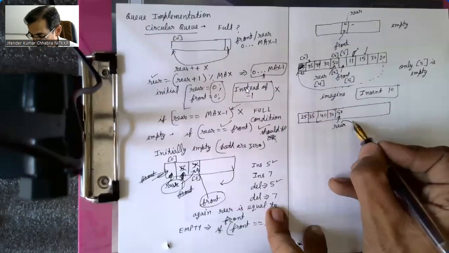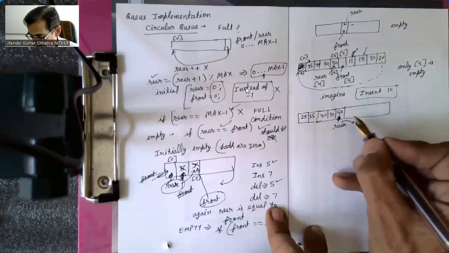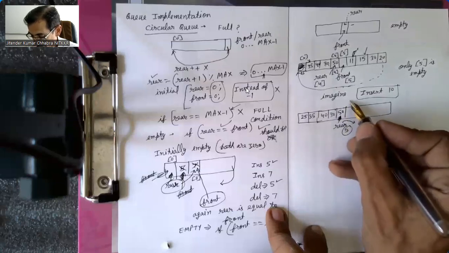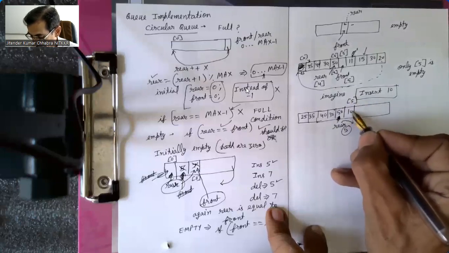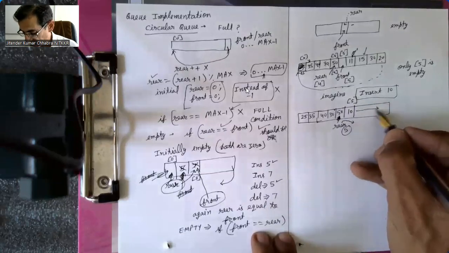Now rear will be incremented to insert 10. That will mean rear reaches the next location, 5. This is index 5. You will store 10 here, and 10 gets stored. Remaining is already full.